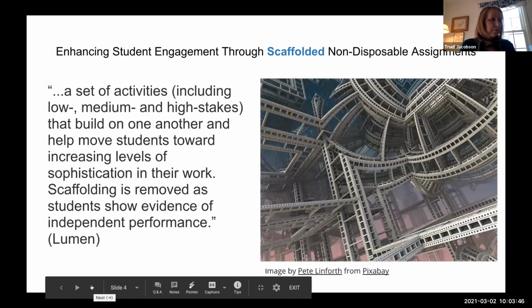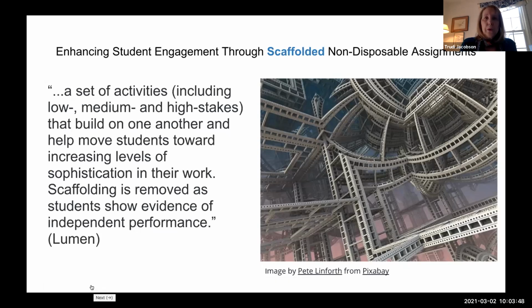So here, talking about scaffolding, and this was something Dave Jadu mentioned yesterday. If you were in his presentation, he did it by writing the first chapter to provide a model for students. But scaffolding in general is a set of activities that might be tiered, that build upon one another and move students towards increased sophistication in their work.